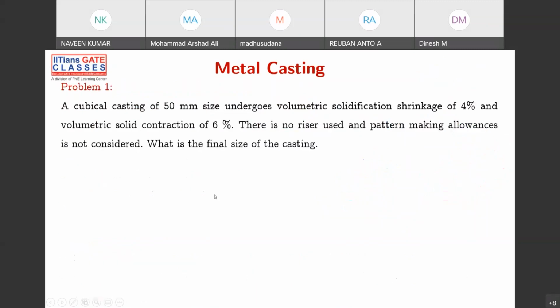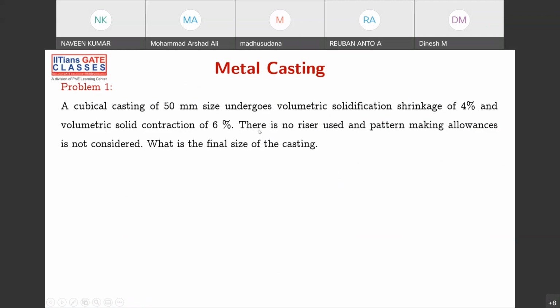Okay, fine. Let's try this question. Don't take too much effort; just tell me, will it be more or less? A cubical casting of 50 mm size undergoes volumetric solidification shrinkage of 4% and volumetric solid contraction of 6%.